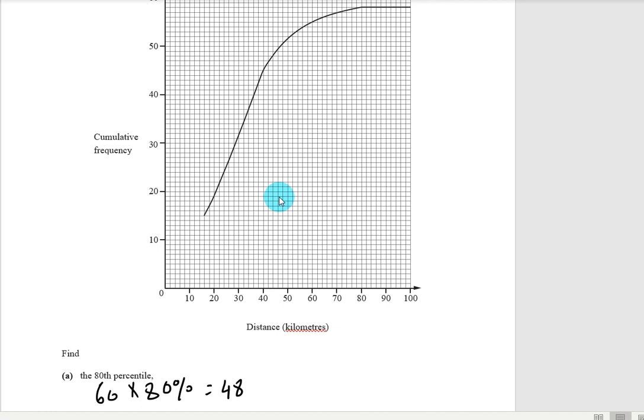This is 48, so I will go here, straight line here, until I reach the curve in this position, approximately. Okay, so let me go down now from this location.